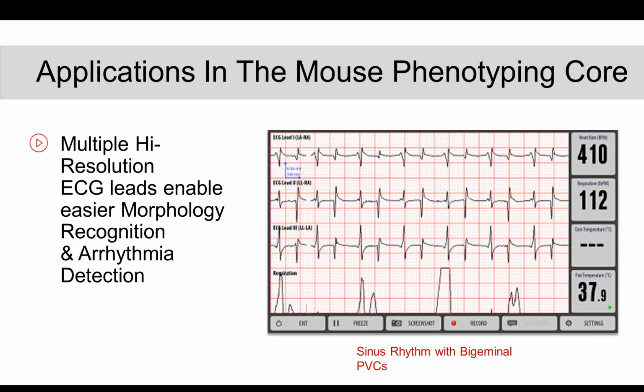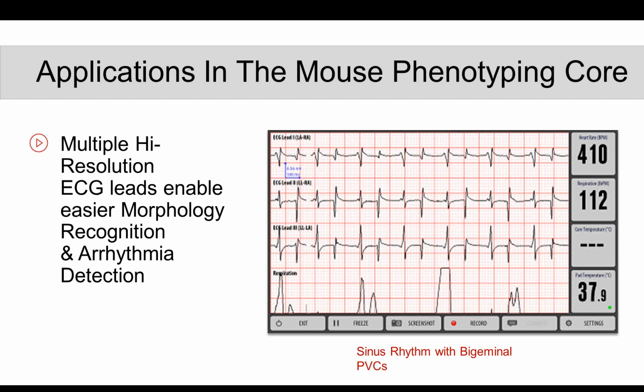This is an example of some data that was produced here in my facility for a mouse model that was involving tamoxifen being included in the feed of the mice. And you can see that actually in ECG leads 1, 2, and 3, that there are some very serious arrhythmias going on here. And once we went through and diagnosed it, we found that it's a sinus rhythm with bigeminal PVCs.